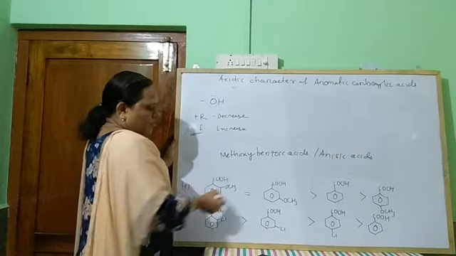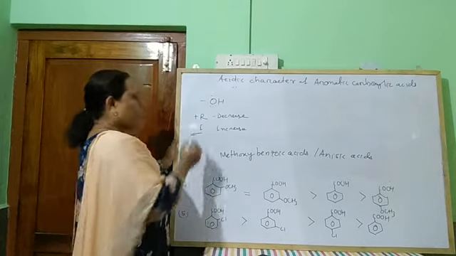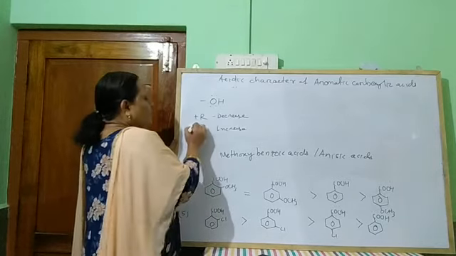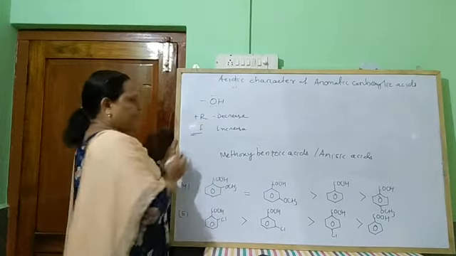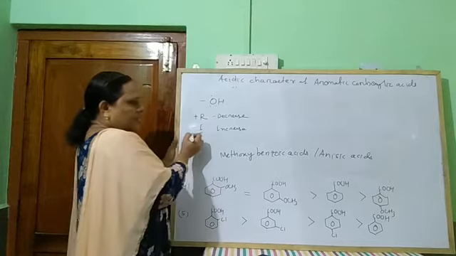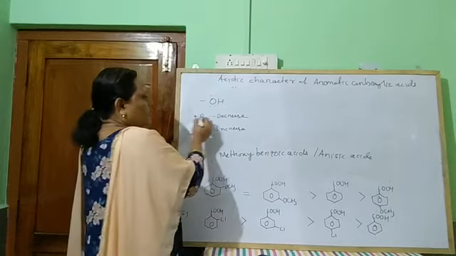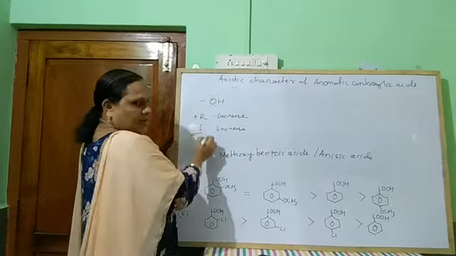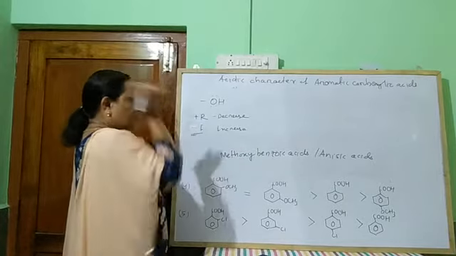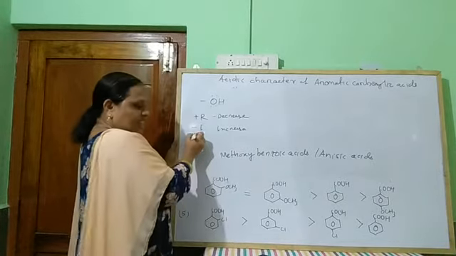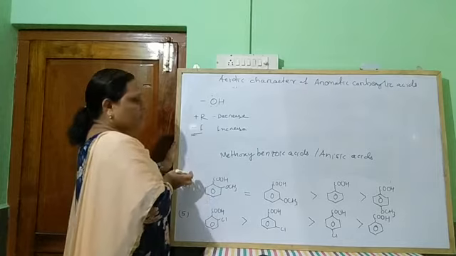Due to ortho effect, this is more acidic. It also has plus R and minus I effect. So plus R effect decreases acidity, whereas minus I effect increases it, and the minus I effect is less as compared to hydroxybenzoic acid.